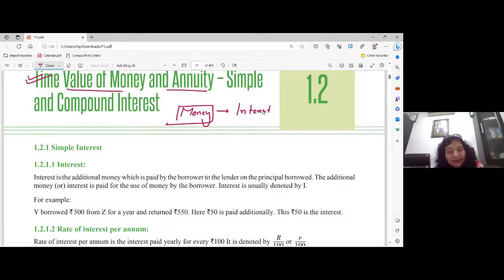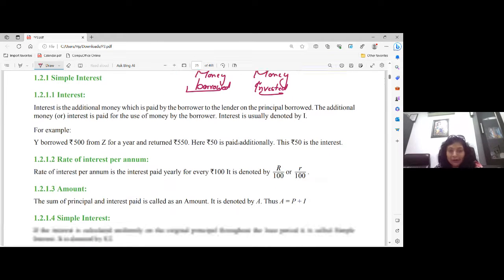And interest is consideration. Consideration means whatever return you are getting. So consideration in lieu of money borrowed or money invested, that is called your interest. So interest is generally denoted by I. Whenever we study the concept of interest, three concepts you have to keep in mind.